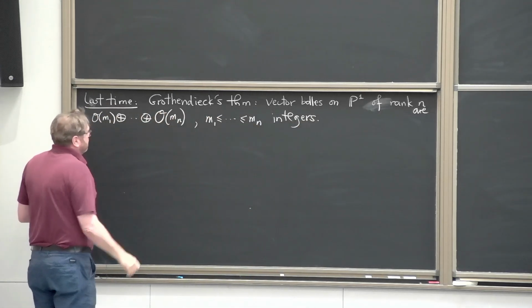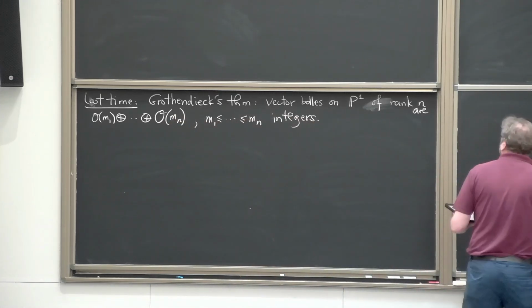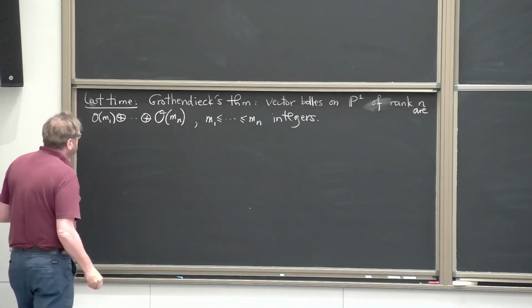And so any vector bundle on P1 can be uniquely written in this form for unique numbers m1 through mn.